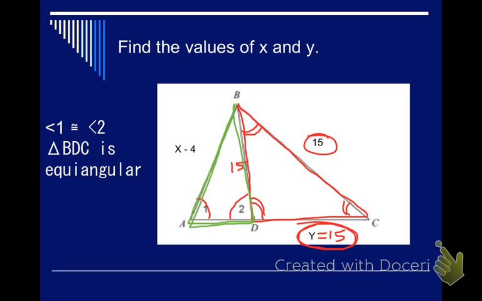It's at least enough to say that X minus 4, side BA, is congruent to side BD, which is equal to 15. So add 4 to both sides. That gets us X is equal to 19.